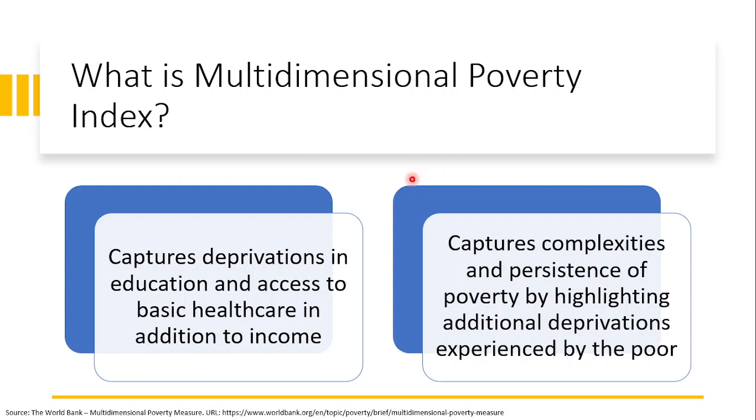This multidimensional poverty index captures the complexities and persistence of poverty by highlighting additional deprivations experienced by the poor. So in addition to income, we have to check how their health is, how they are in terms of education, and other deprivations like sanitation and nutrition and so on.